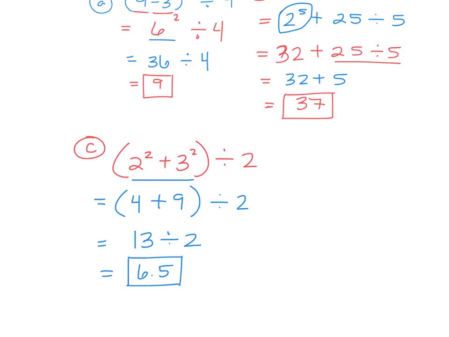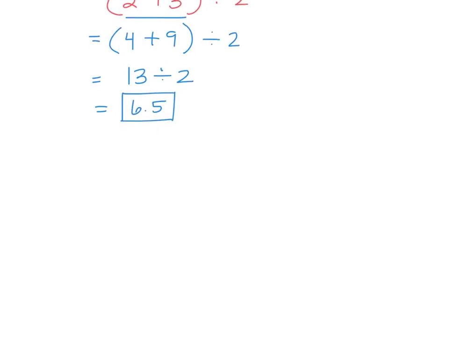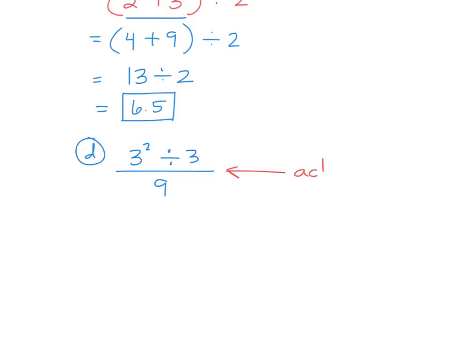All right, last problem. Okay, and this one looks a little bit different. The reason I do this problem is I want you to see one with this division bar, okay? The rule is that division bar acts like parentheses.